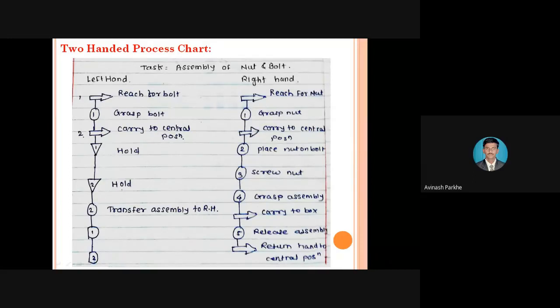While doing some operations, sometimes your left hand is useful for holding the job only, and the right hand is useful for doing the operation.